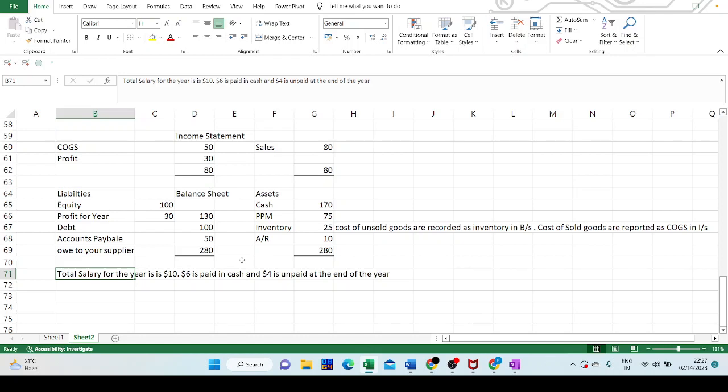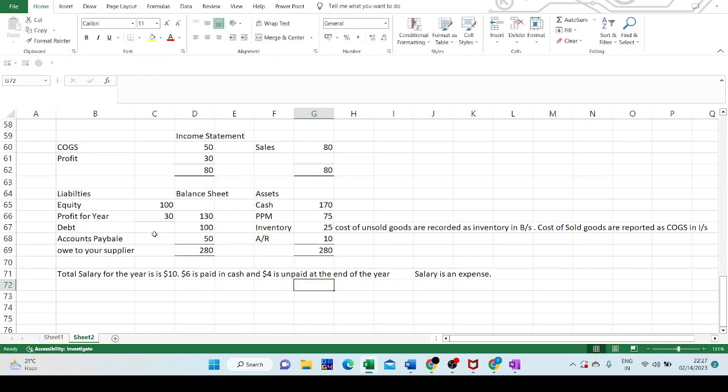It will definitely, because salary is an expense. It's an expense to the company. So naturally, we had discussed that both revenues and expenses are reported in the income statement, right? So write this down. Salary is an expense, and both revenues and expenses are reported in the income statement.